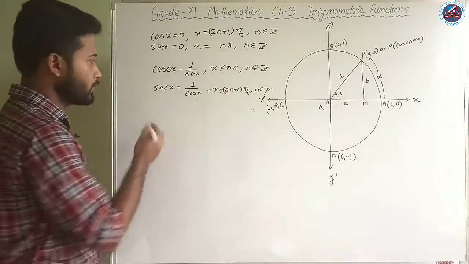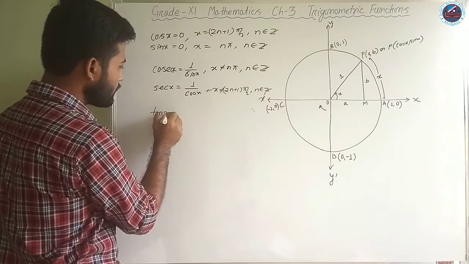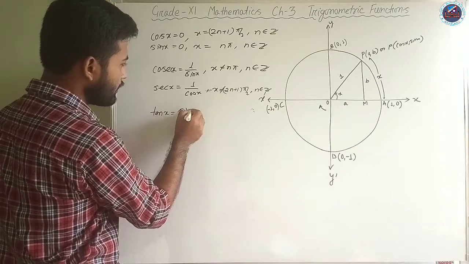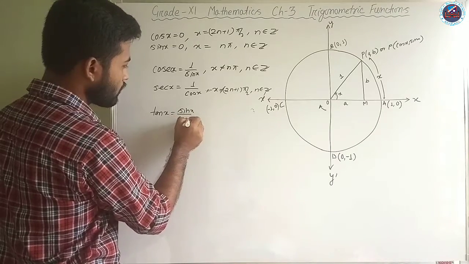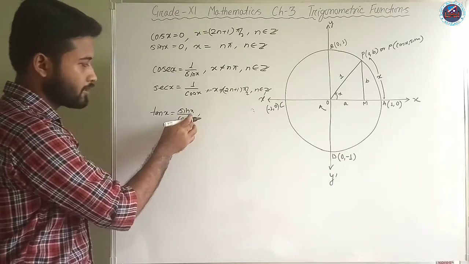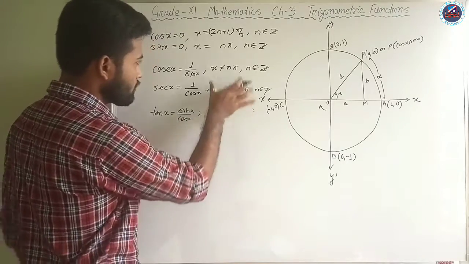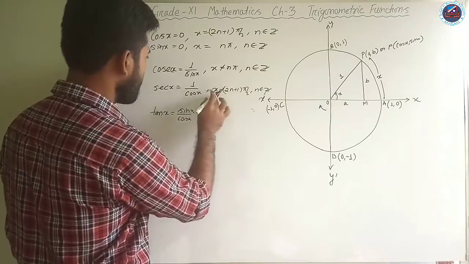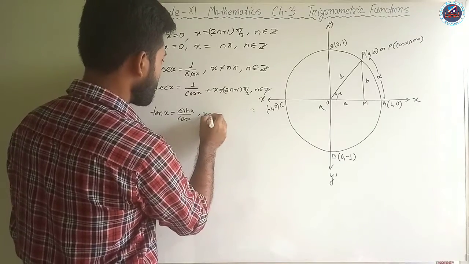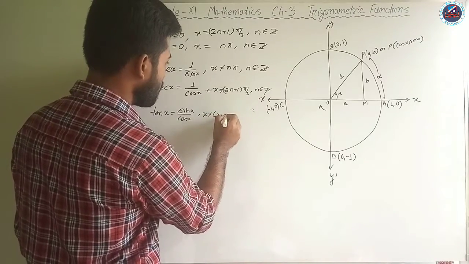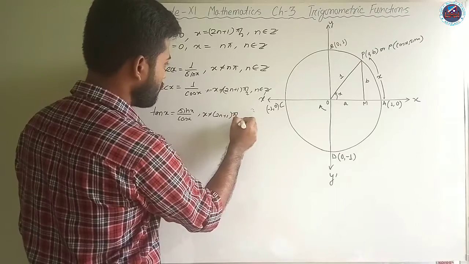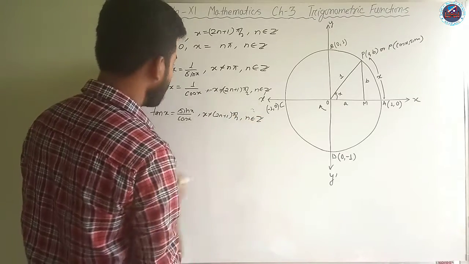Then what about tan? We know that tan x means sine of x by cos of x. Since this is also a rational function, cos x cannot be 0, so the same condition applies: x not equal to twice n plus 1 pi by 2, n belongs to the set of integers.